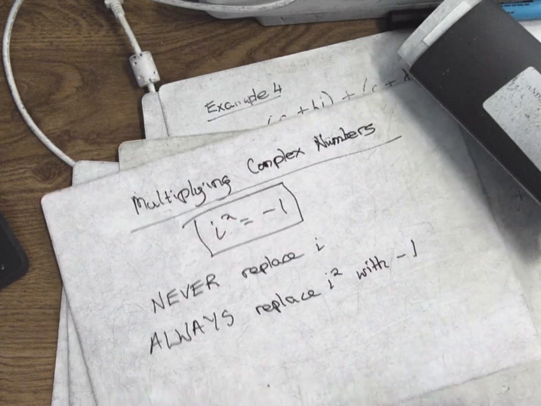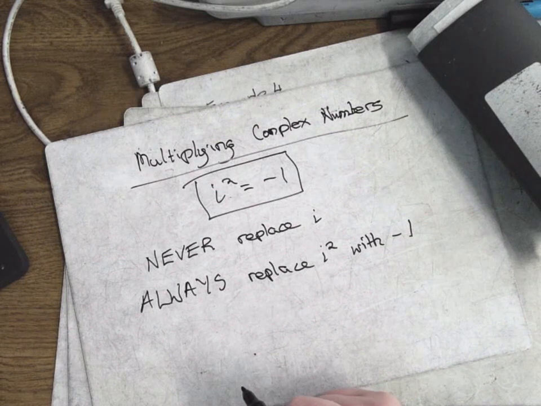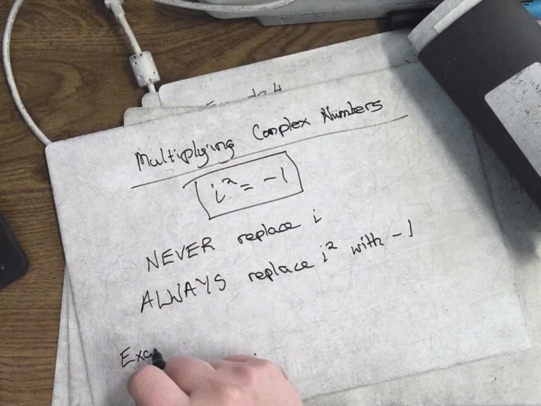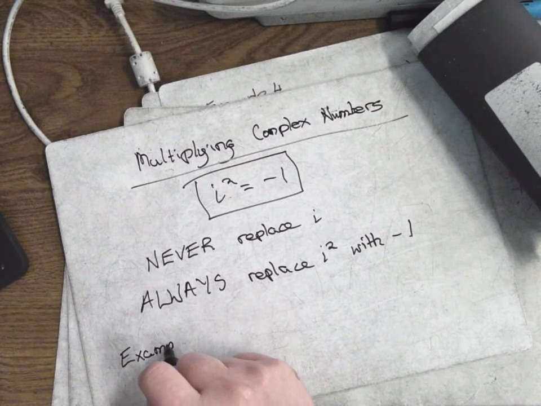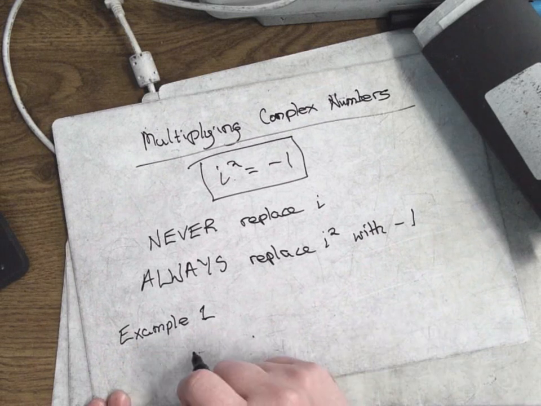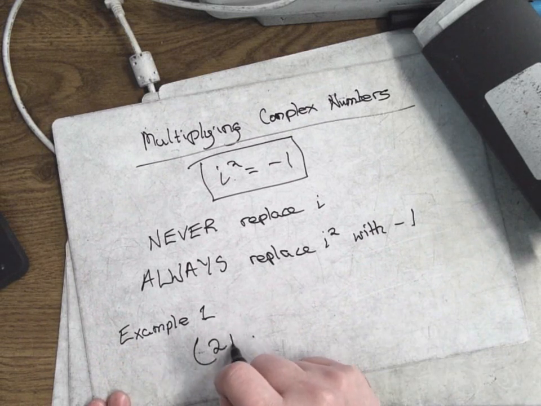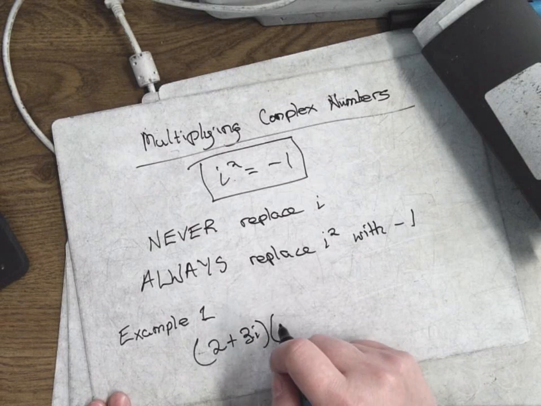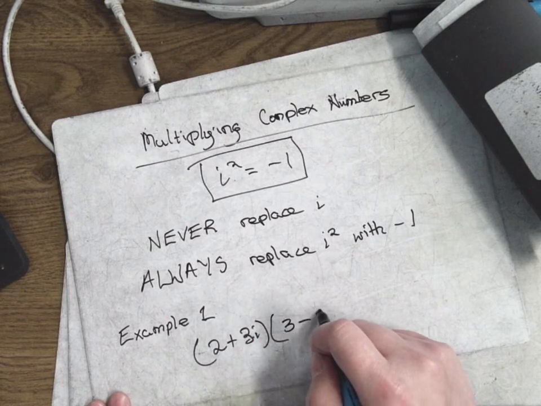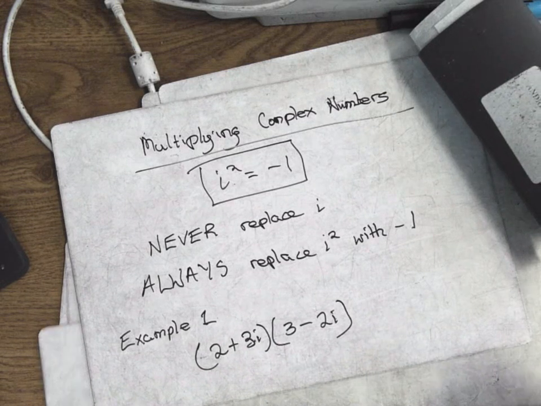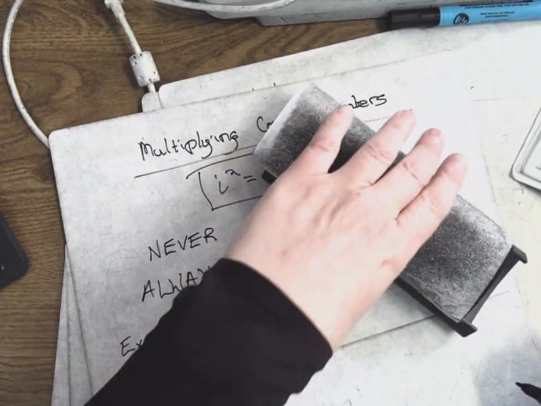Right? Okay. So now I'm multiplying complex numbers, so I'm just going to go straight to an example. Example 1, if I want to multiply 2 plus 3i multiplied by 3 minus 2i. Do you remember multiplying out brackets in algebra?